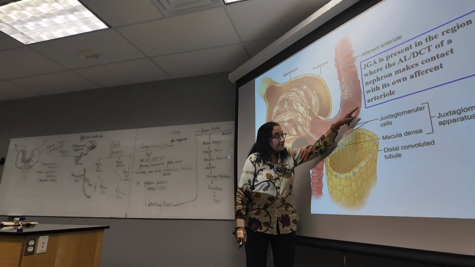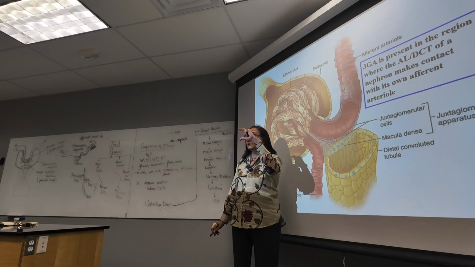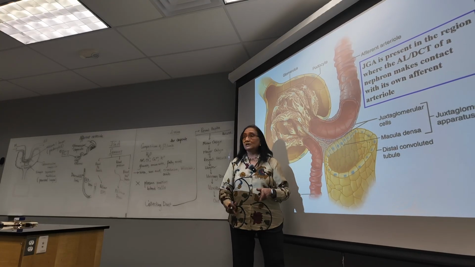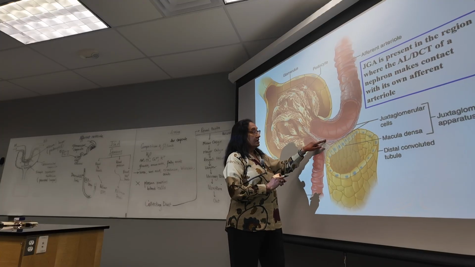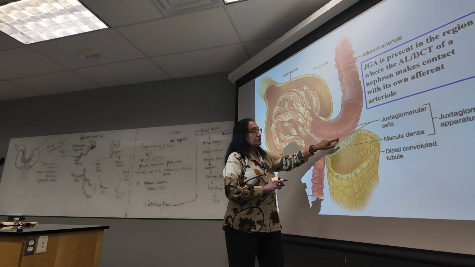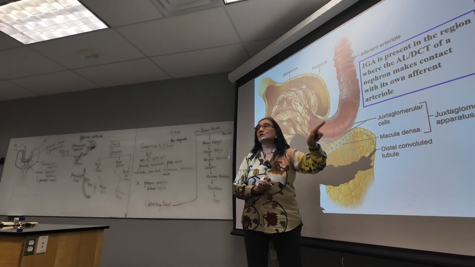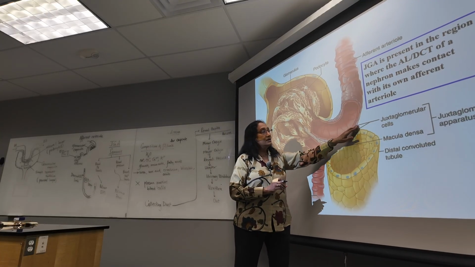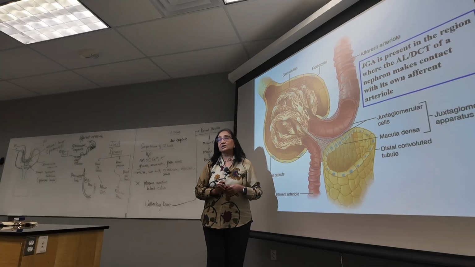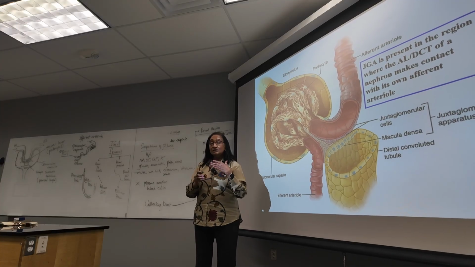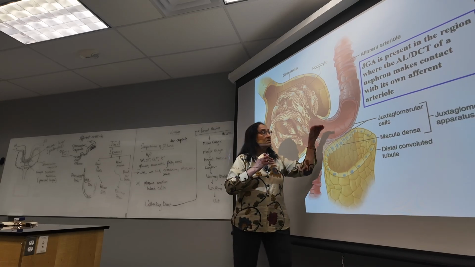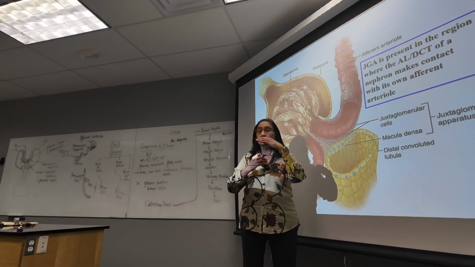And the afferent arteriole, the endothelium, that simple squamous epithelium which lines the blood vessel, they are referred to as the juxtaglomerular cells. Especially not just the endothelium but also the smooth muscle cells which are surrounding the arteriole.